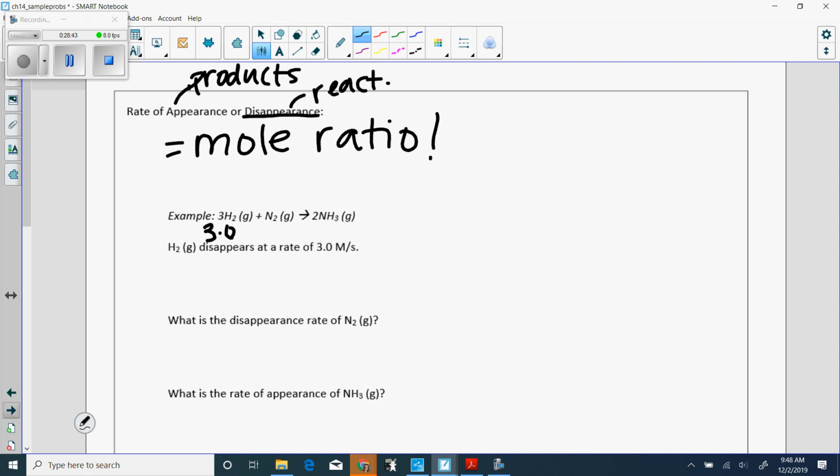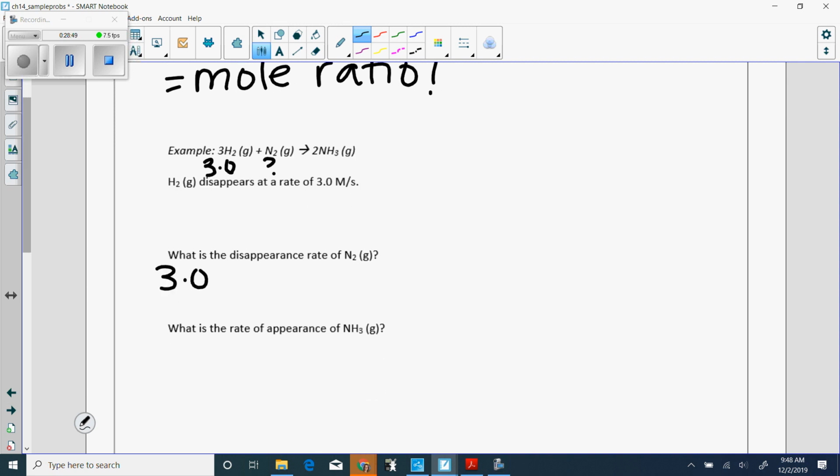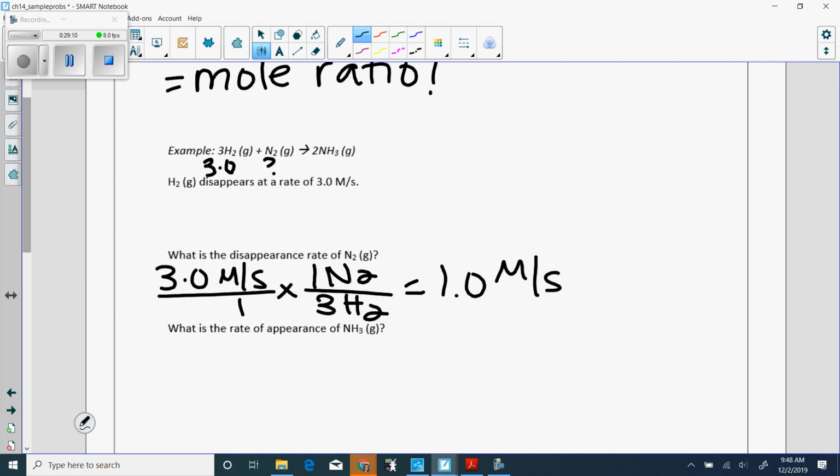What is the disappearance rate of N2? It's really this simple. Always start with what you know over 1 times a line. Just do your mole ratio, unknown over known. I'm left with molarity per second. Disappearance just means that it's a reactant.